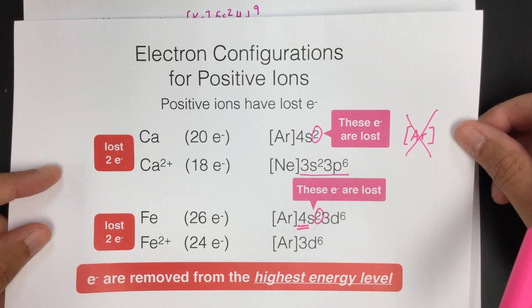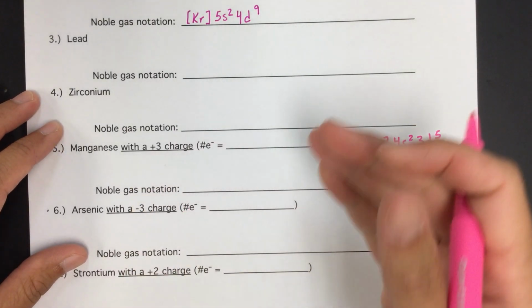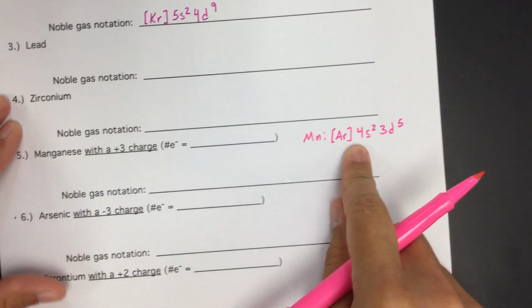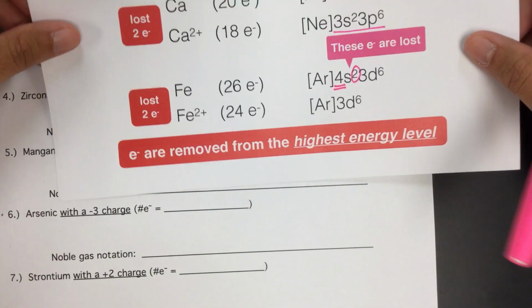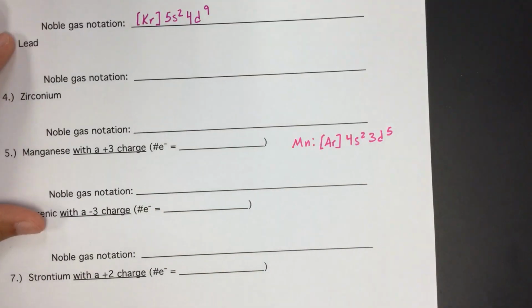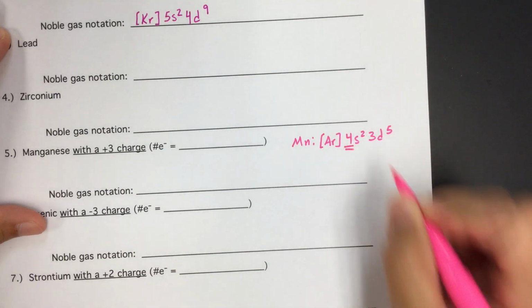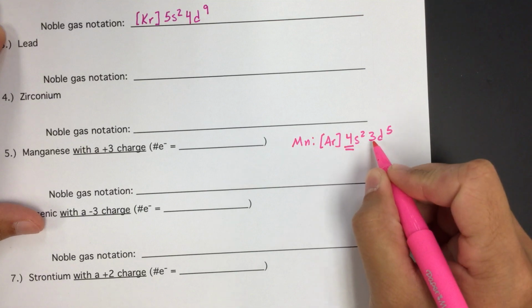Remember, positive ions have electrons being lost. So if it's a +3 charge, we're going to remove 3 electrons from this configuration. And this is where it can get tricky. Remember that the rule is that the electrons are removed from the highest energy level. Similar to this iron example, the highest energy level here is the 4s. 4 is a higher energy level than 3.